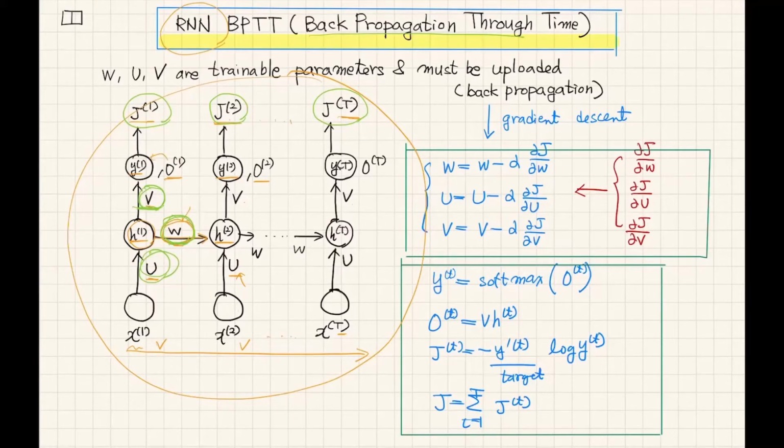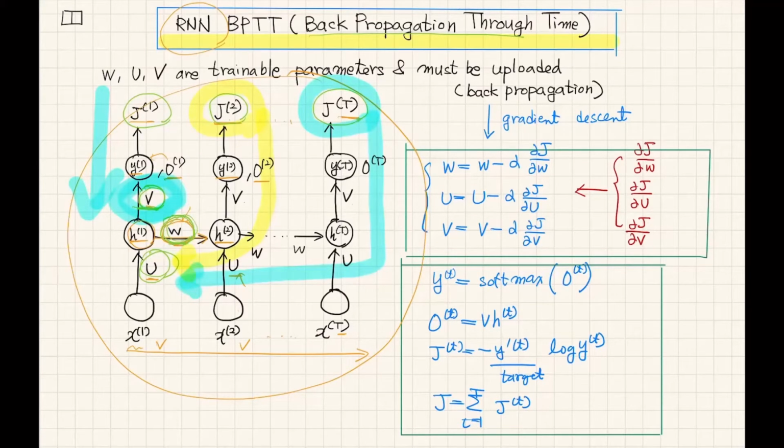In the case of V backpropagation, we start from cost function and we go through this softmax function and we update V. However, in the case of W, we have to calculate cost function J2 and we have to go through all this chain rule to calculate and update W. Also, in the case of JT, we also have to calculate cost function and we have to find a chain rule to update these W's.